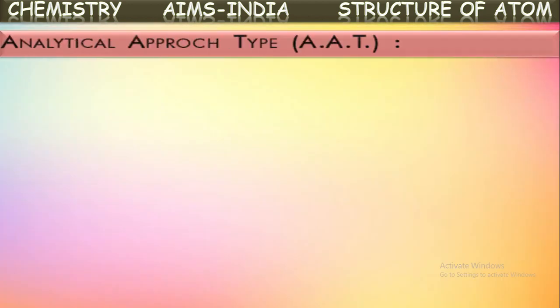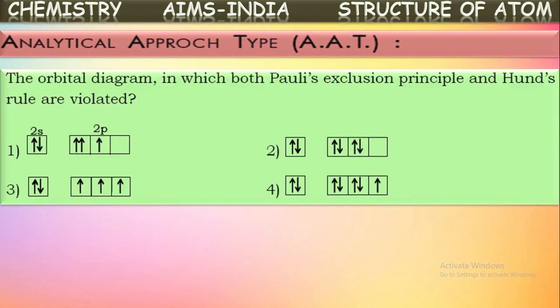Next, analytical approach type questions. See the first one: the orbital diagram in which both Pauli's exclusion principle and Hund's rule are violated. First of all, what is Pauli's principle? Pauli's principle states that no two electrons in an atom can have the same set of quantum numbers.